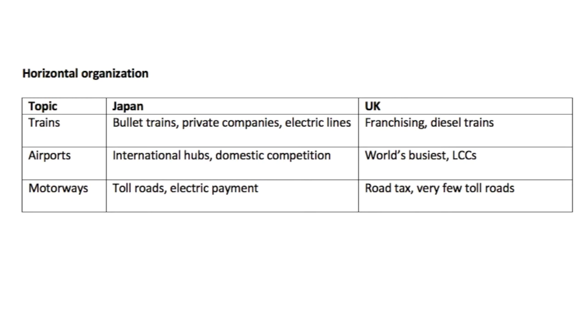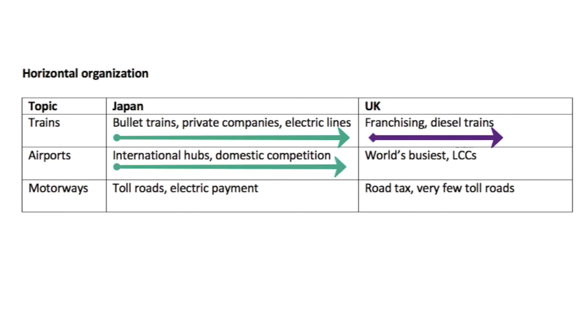So the first topic is trains, and what we'd like to do is talk about characteristics of trains in Japan, such as bullet trains, private companies and electric lines. And then we move across to the UK and compare a couple of characteristics such as franchising or diesel trains. Then we move on to topic 2, which is airports, and again we move across: international hubs, domestic competition in Japan, and in the UK, the world's busiest airports and low-cost carriers.